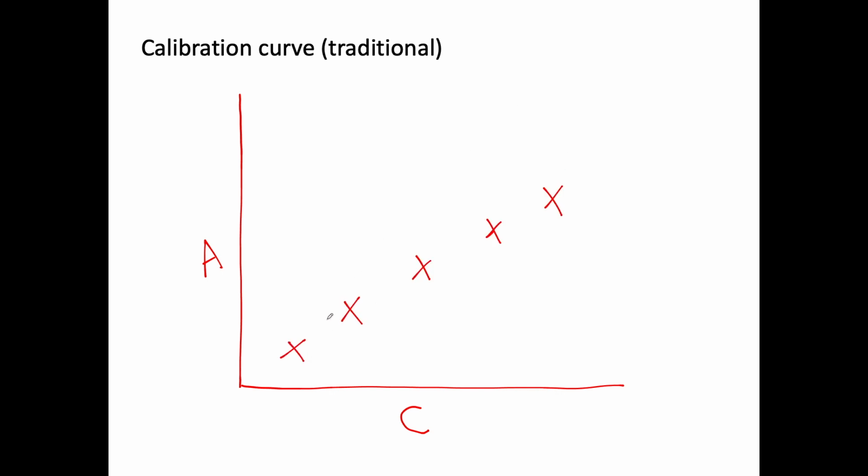These data points are then fit to a straight line using least squares fitting. This best fit equation can then be used to relate the absorbance of a solution to its concentration. We take an unknown solution, measure its absorbance, and using our best fit equation, we can determine the concentration of that solution. Here we would determine this calibration curve using just two measurements for the sake of simplicity.